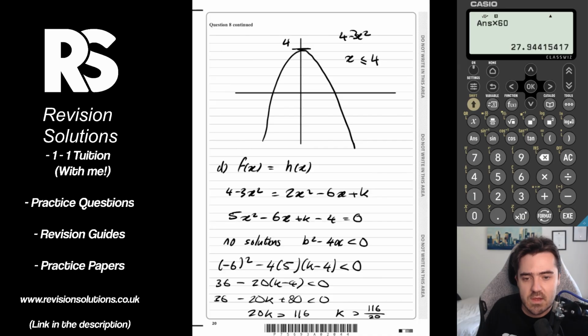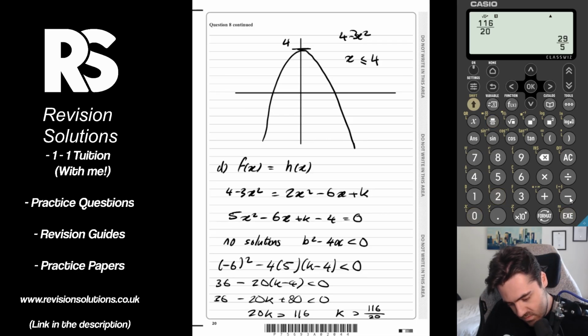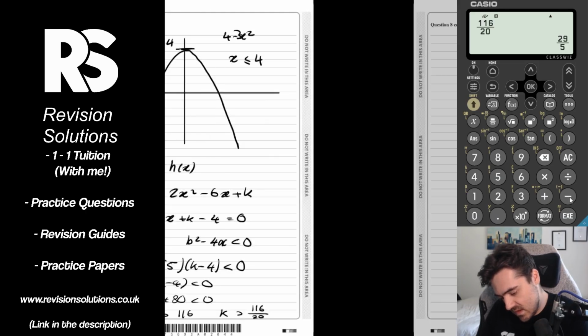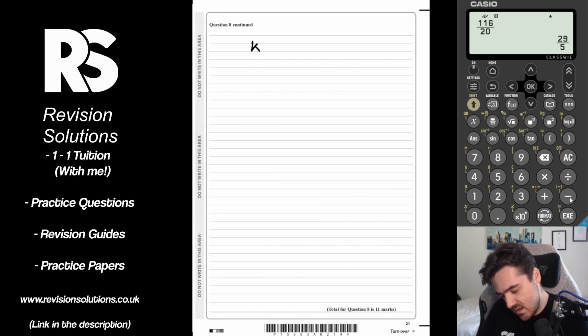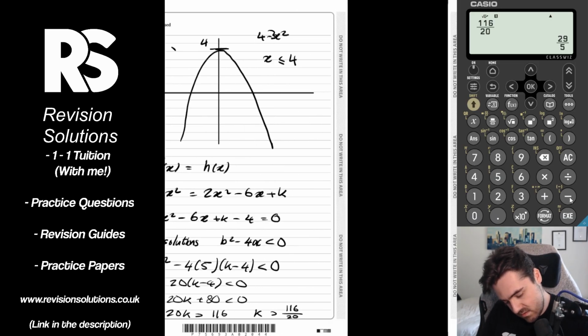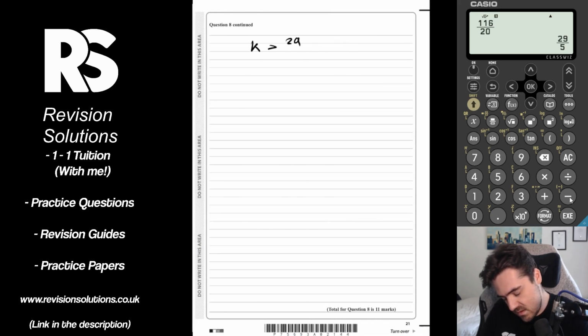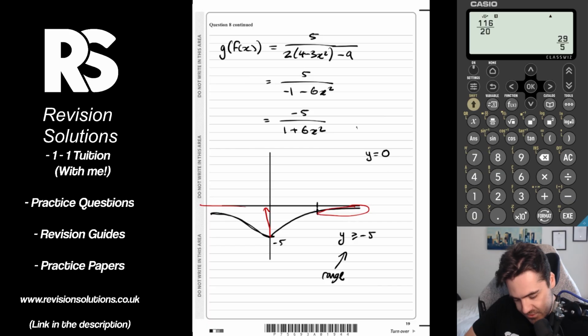So just checking that, see if it simplifies. 116 over 20 is 29 over 5. So final answer, let's just say k is greater than 29 over 5.